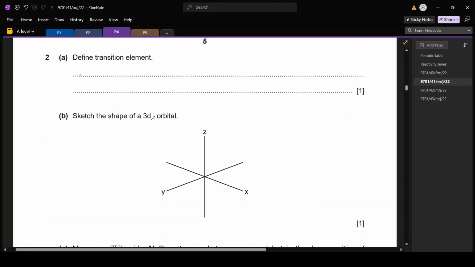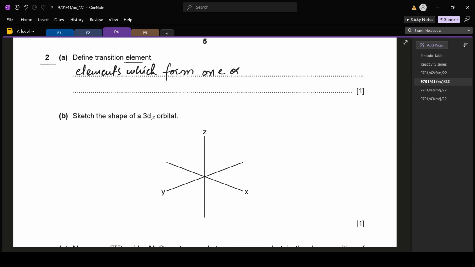Question number 2, part A, define transition element. Transition elements are the elements which form one or more stable ions with incomplete or partially filled d orbitals.